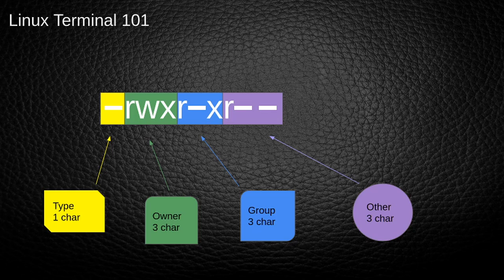Now let's just compare the owner and the group sections. Notice you have RWX for the owner's group. That means, of course, they would have read, write, and execute permissions. But in the group section, notice how the W is missing. We have a dash instead.